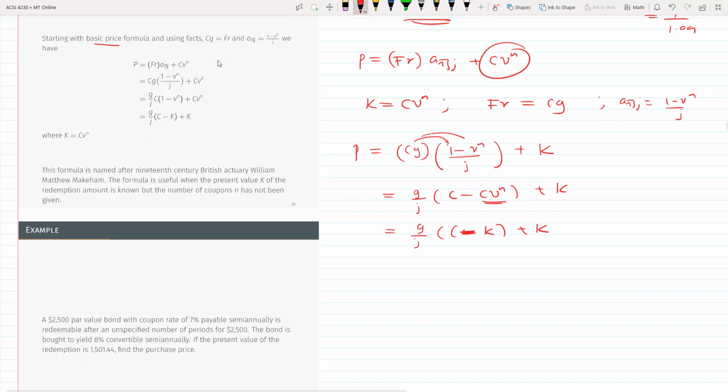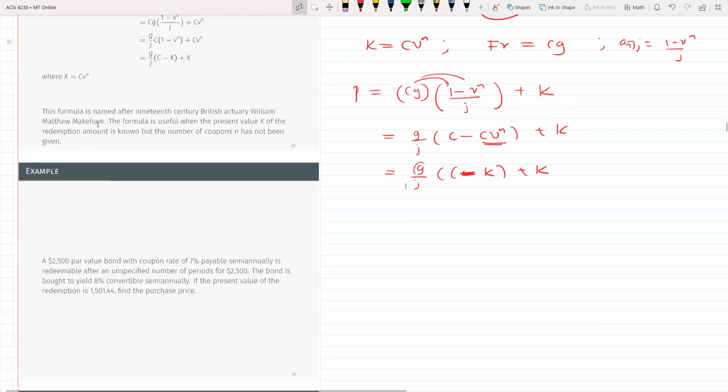Nice thing about this, you really don't need to know the coupon amount. If you know G and J, then that's good enough.